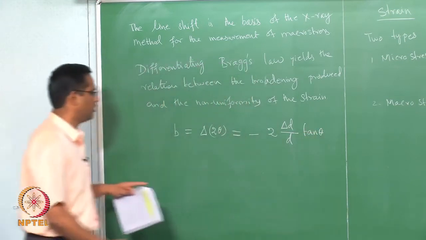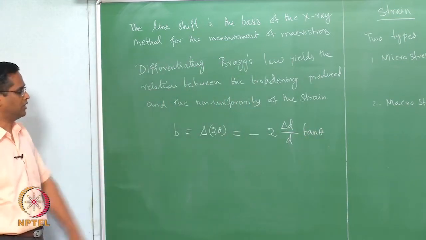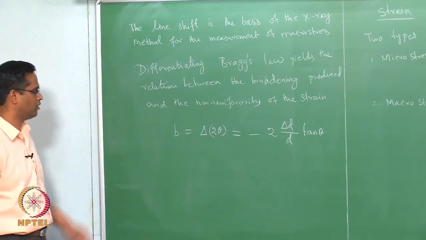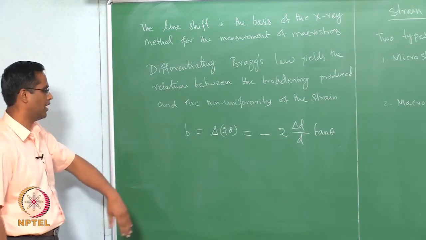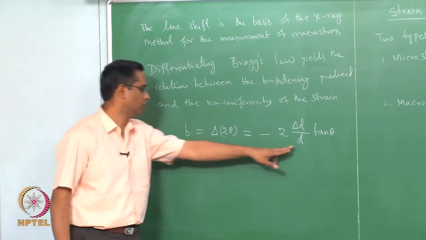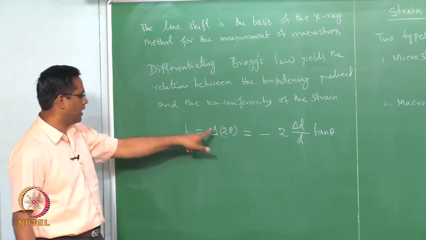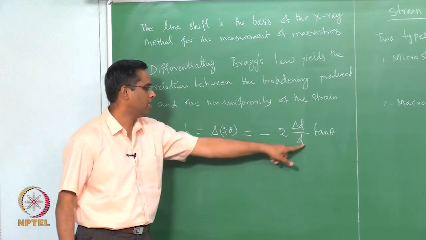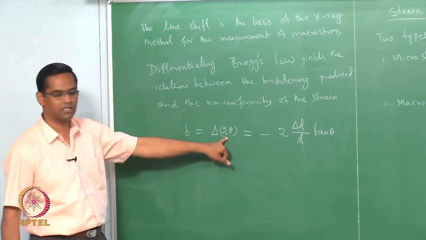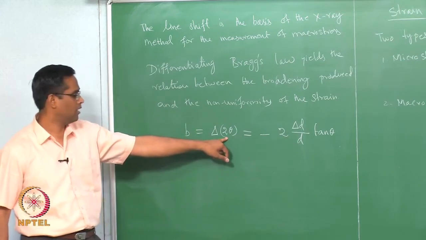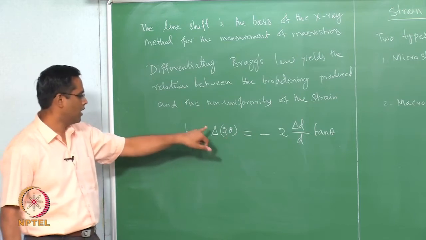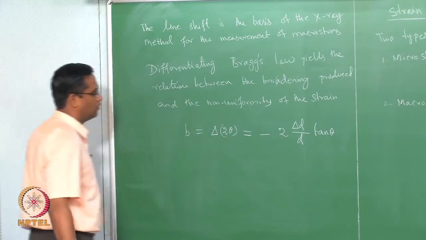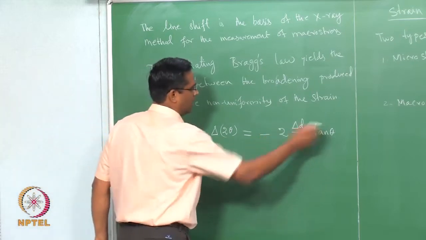So, you differentiate n lambda, I mean lambda is equal to 2d sin theta; the u v dash plus v u dash kind of formula can apply, and then you will be able to derive a relation: delta theta is equal to 2 delta d by d tan theta. But what we measure is 2 theta, not theta. So, delta 2 theta is equal to minus 2 delta d by d tan theta.